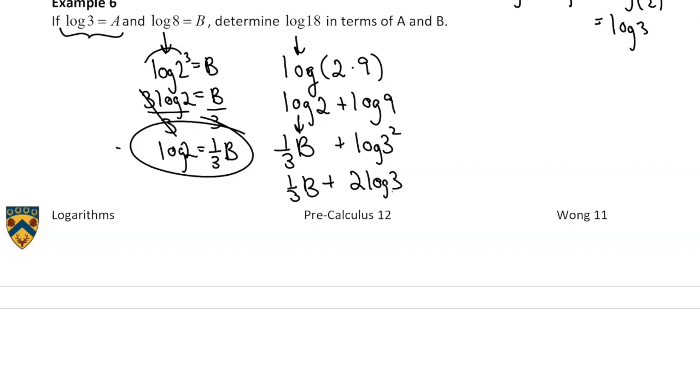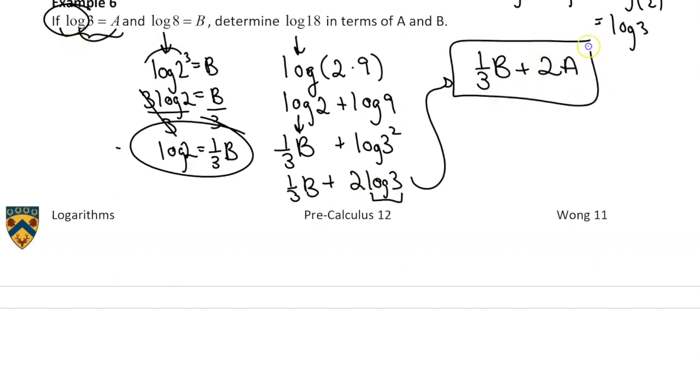And wherever I have a log 3, I know that's equal to an a. So I could say I have 1/3 b plus 2, and instead of saying log 3, I could say a. I'm not sure if I said that in the best way possible. A couple of you are probably going to pause that, rewind it, and re-look at it. But that's the way that I would see it.